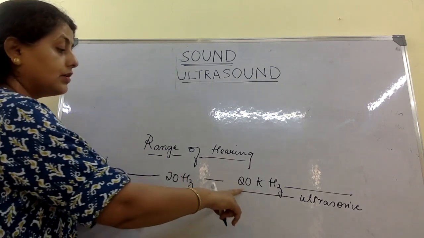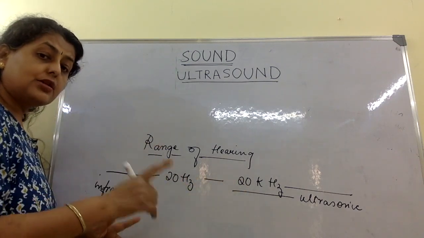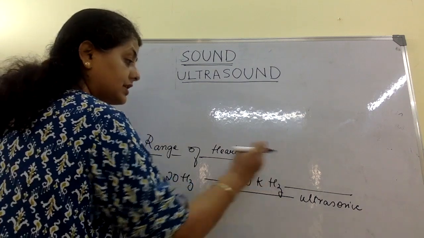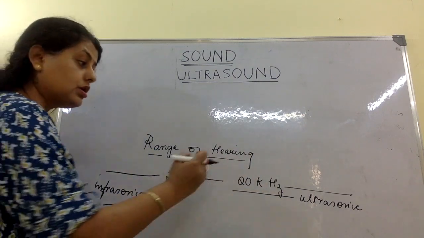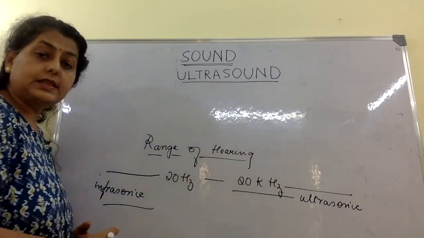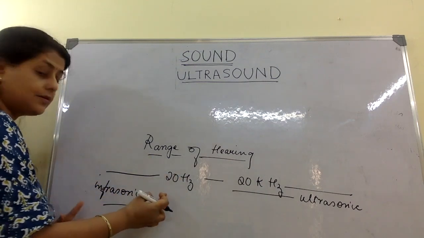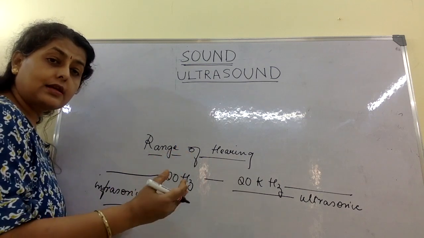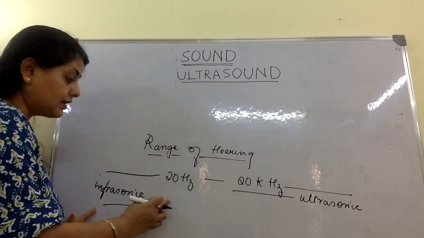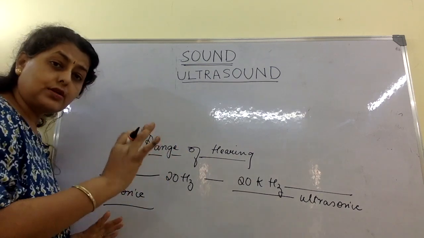So we can hear only in this range, but children can hear a little above this range, and dogs can also hear a little above it. There are many animals which can hear below this, and they interact with noise made in this range, which we cannot hear.